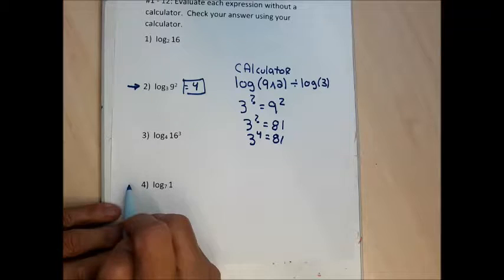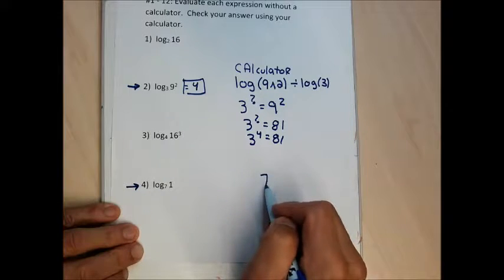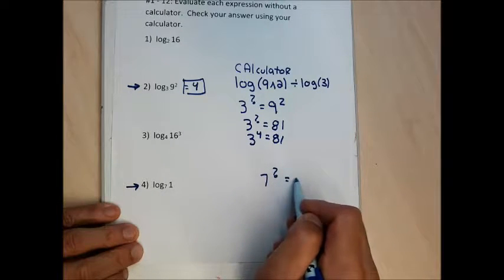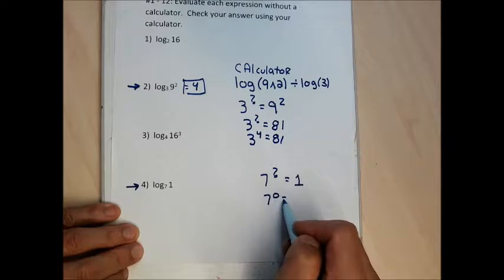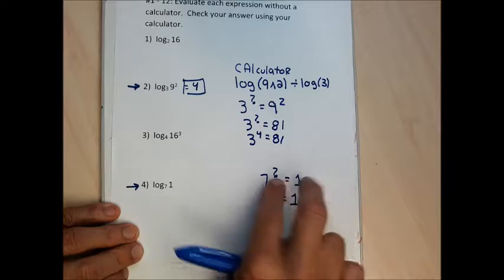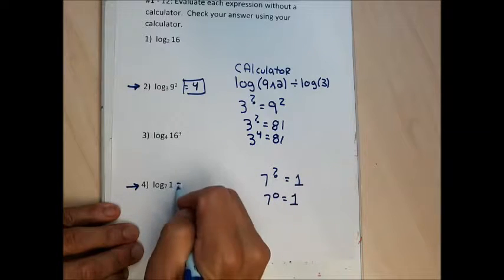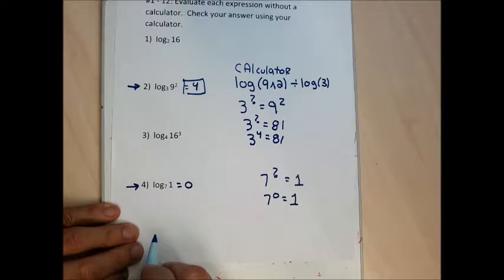Problem 4 is asking the question, the base 7 to what power is the argument 1? And I know that any number to the 0 power is 1, so the answer to that question mark is 0. The log base 7 of 1 is 0.